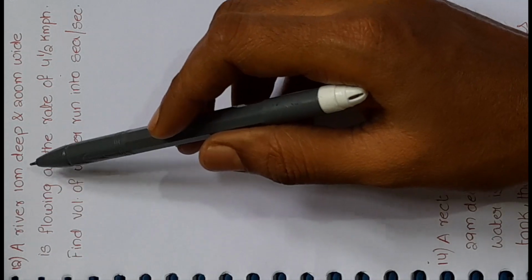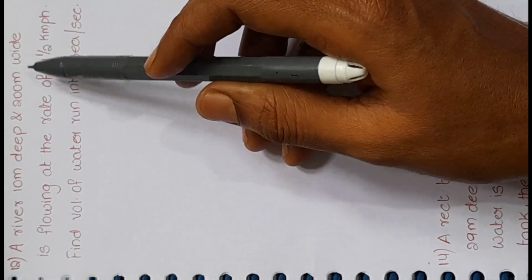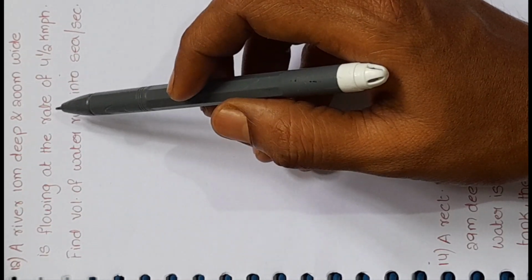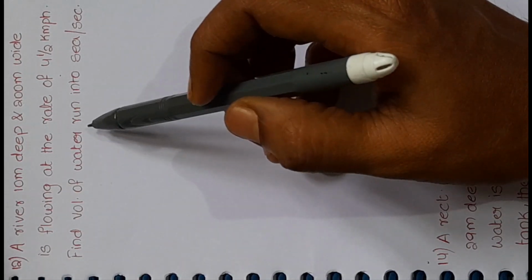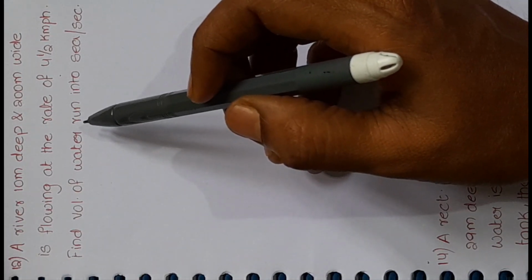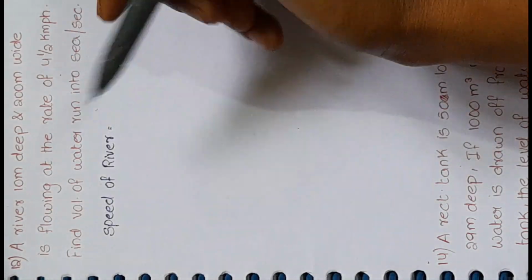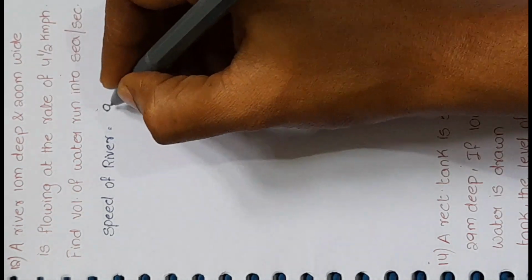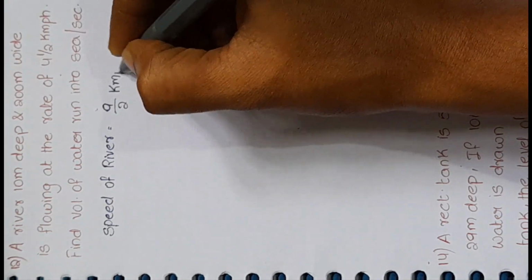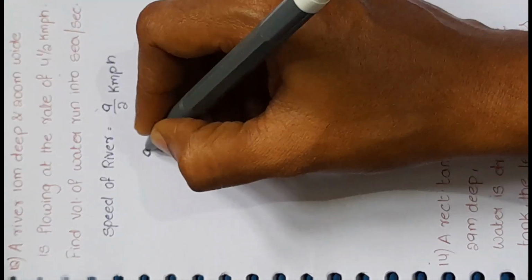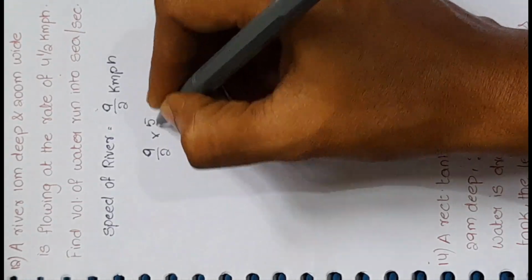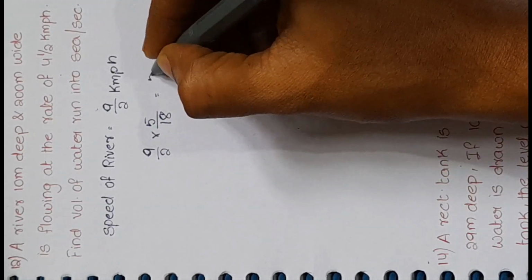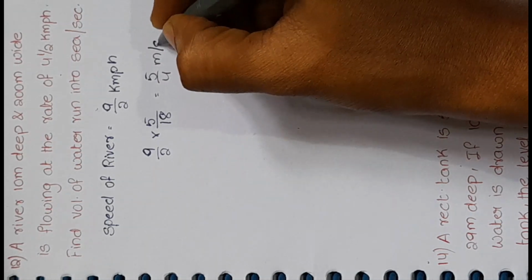12th question. A river 10 meters deep and 200 meters wide is flowing at the rate of 1 by 2 kilometers per hour. Find the volume of the water run into the sea per second. Now the speed of the river is 1 by 2, that is 9 by 2 kilometers per hour is given. To convert this into meters per second, 9 by 2 must be multiplied by 5 by 18. We get this as 5 by 4 meters per second.